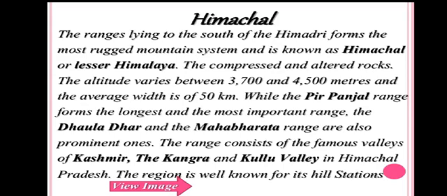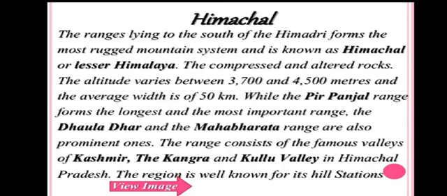Now, next one is your Himachal. It is also called Lesser Himalayas. It lies to the south of Himadri and forms the most rugged mountain system. The ranges are mainly composed of highly compressed and altered rocks. Average height is between 3,700 meters to 4,500 meters.